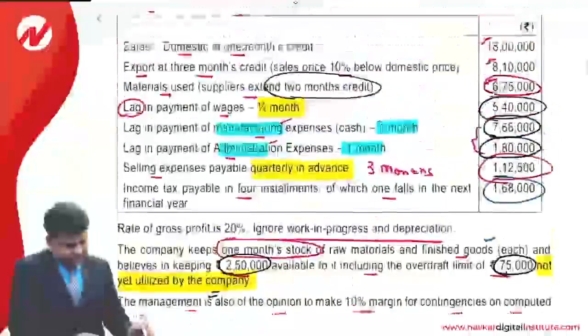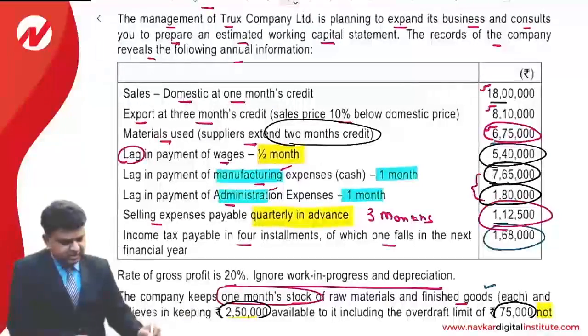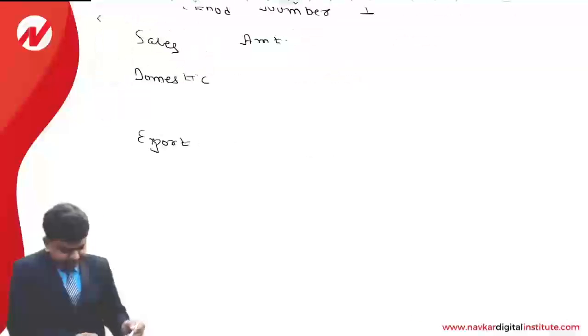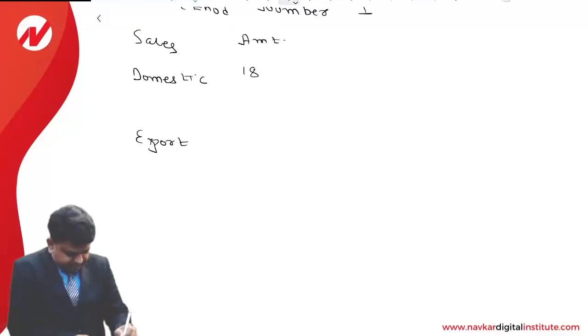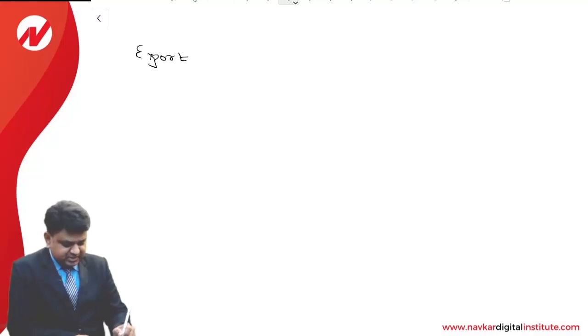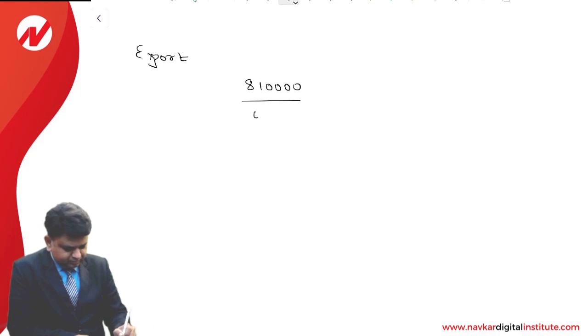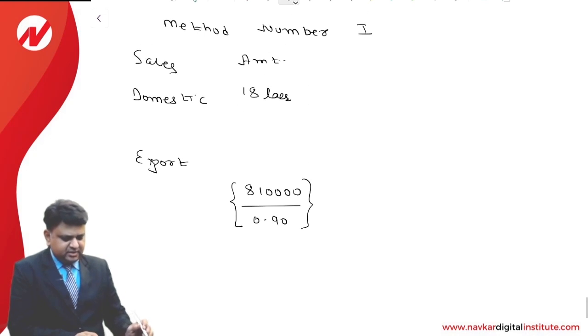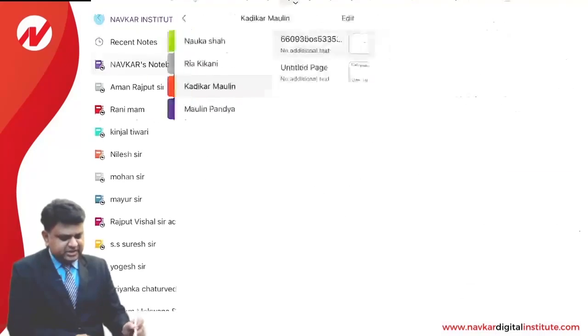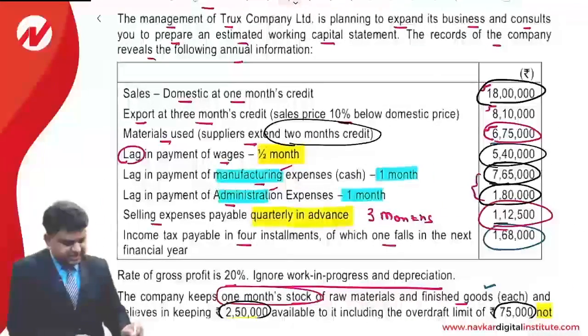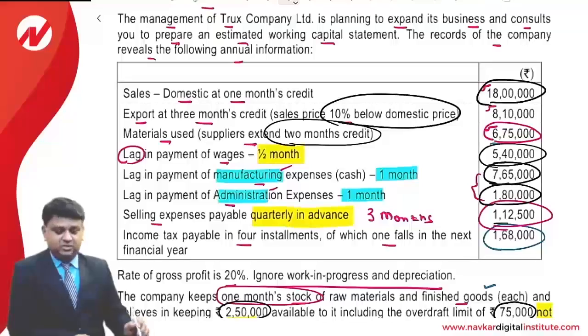We can see that as far as the amount of the sales is concerned, domestic sales is 18 lakhs. As far as the export sales is concerned, it is 8,10,000 divided by 0.9. Because language of the question speaks that as far as our export selling price is concerned, it is 10% below the domestic price.